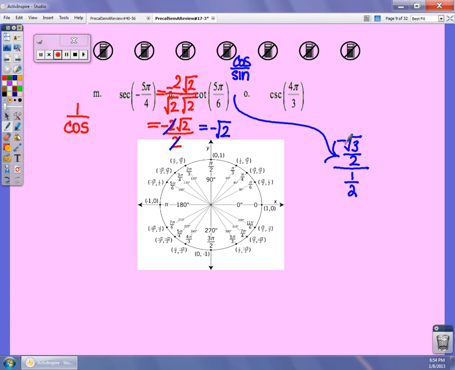Cosine, remember, would be negative in the second quadrant. Again, our 2's cancel out here or divide out, and we end up with negative square root of 3 as our answer.